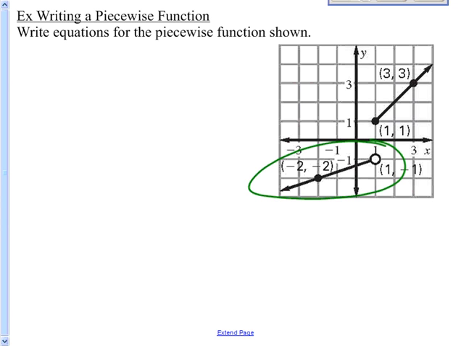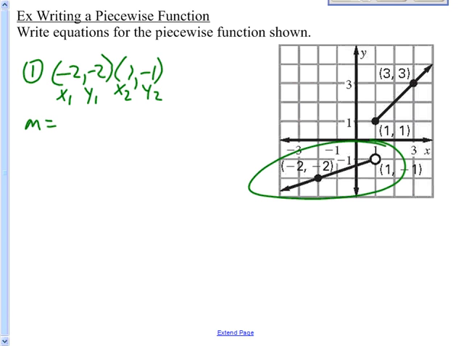So why don't we find the slope first, for the green one. Number 1, what's the slope? You have the points (-2, -2) and (1, -1). You could either plug it in or count it. Either way, y2 minus y1 over x2 minus x1. Whoops, I did that wrong.